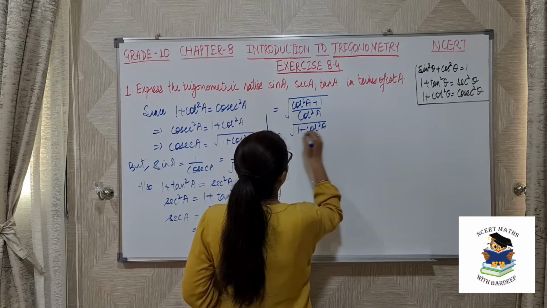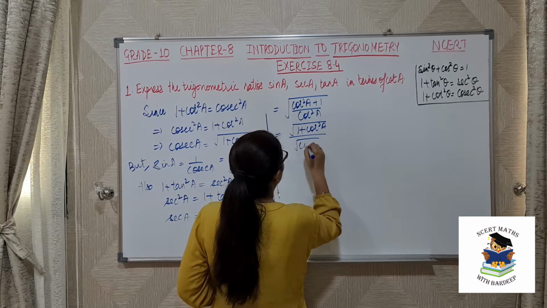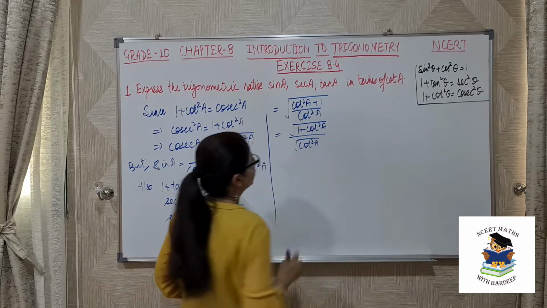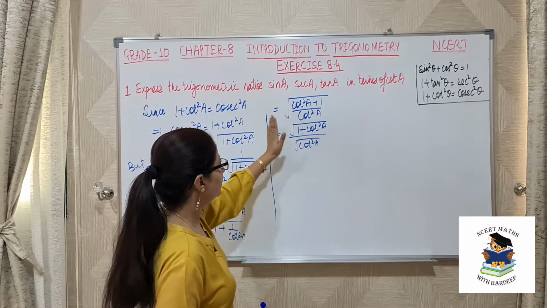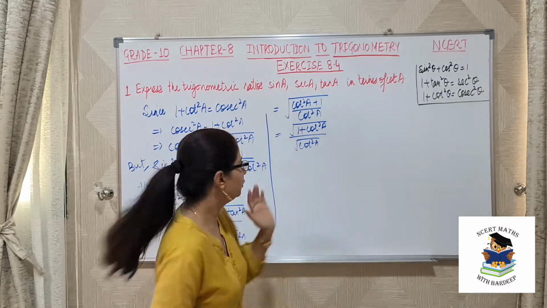So now since this is square root of both numerator and denominator, I can rewrite it like this: square root of 1 plus cot square A over square root of cot square A. Right? This square and square root can be cancelled, but this cannot be cancelled because it is a combination of two terms.